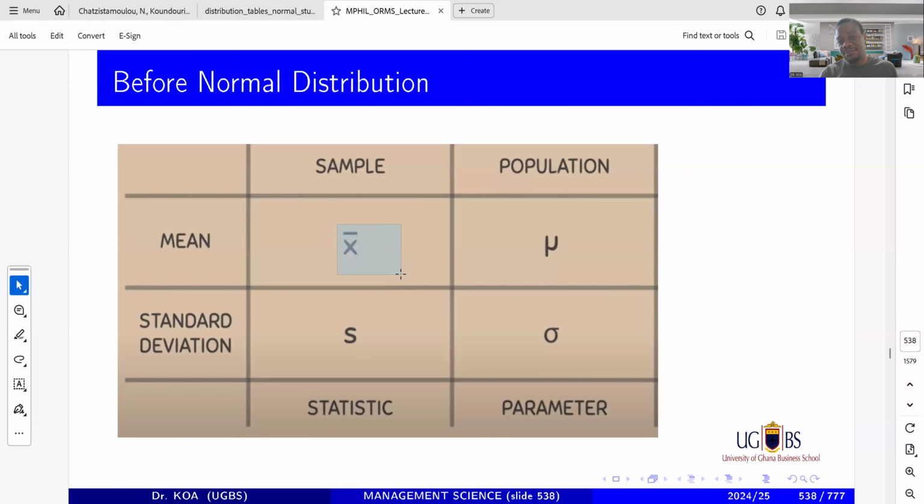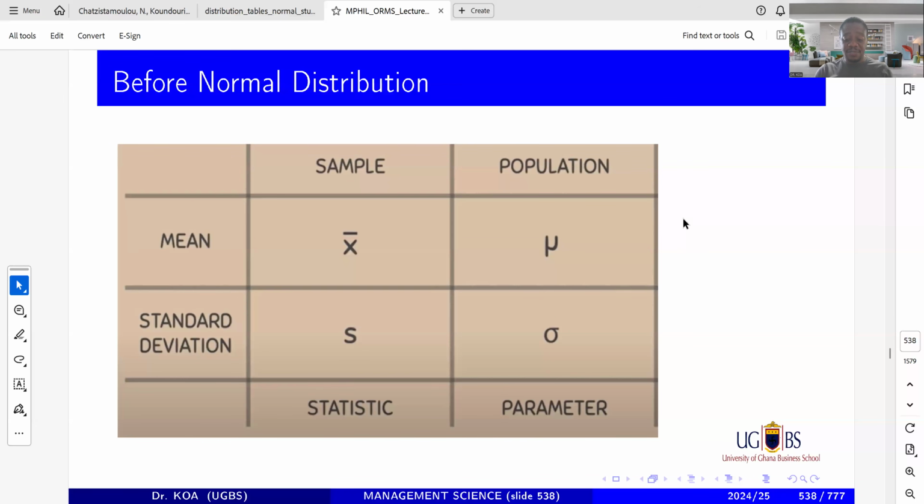The mean of the population is given as mu. The standard deviation for the population is given as sigma, and the standard deviation for the sample is given as S. Everything about a population is a parameter. Everything about a sample is a statistic.